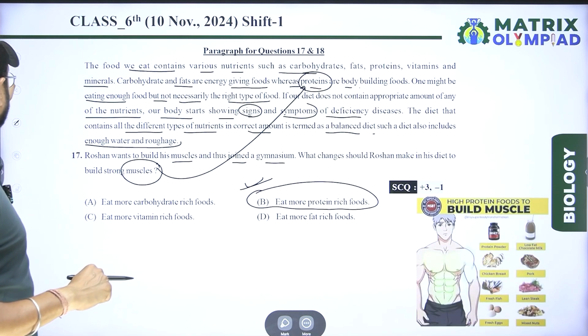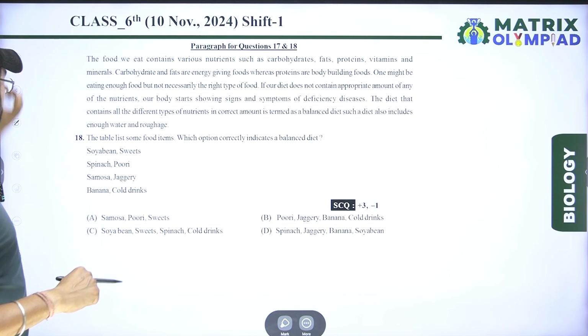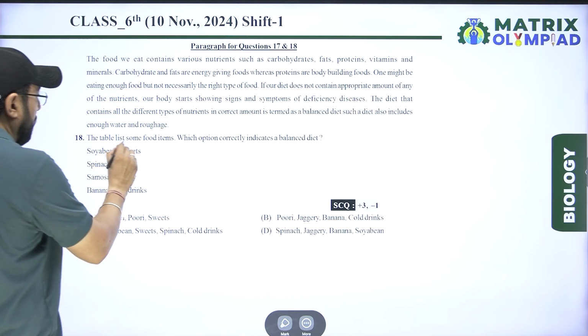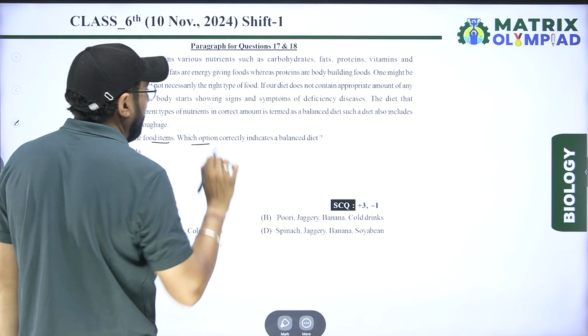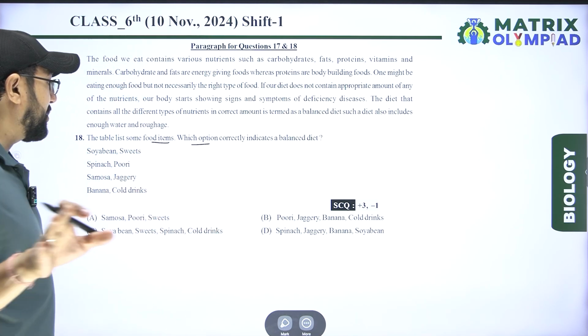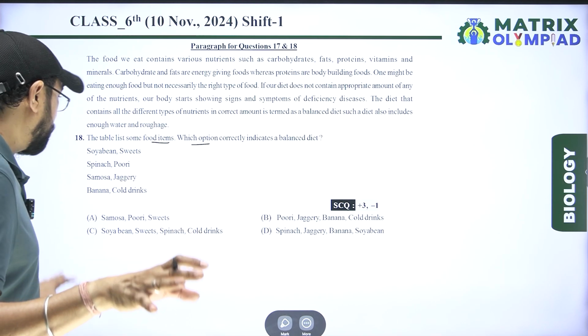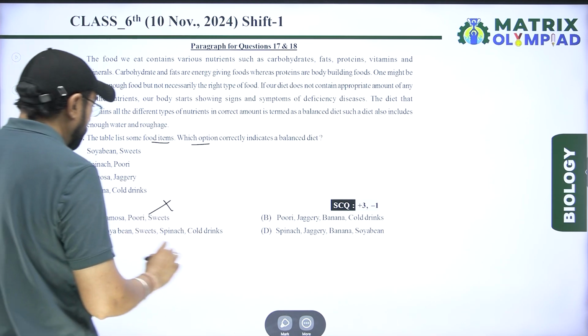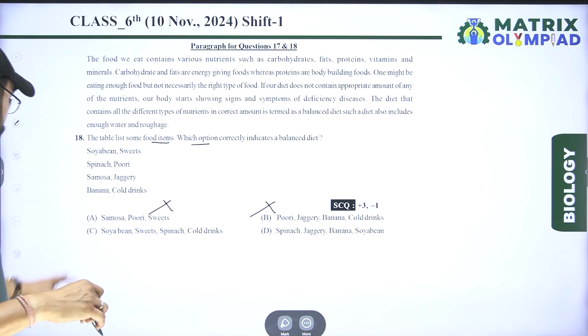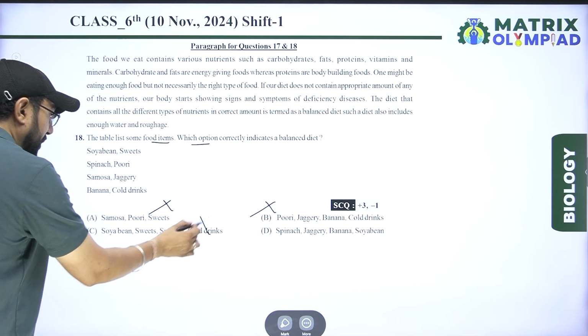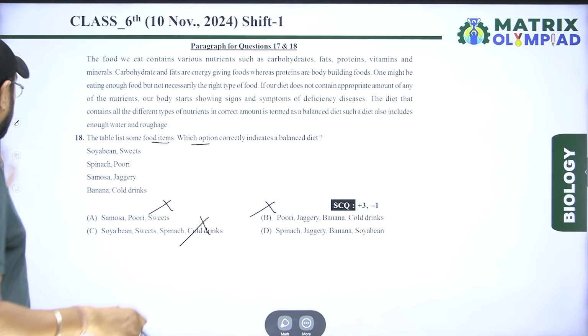Next is, the table lists some food items. Which option correctly indicates a balanced diet? Samosa, that is wrong. Puri, that is wrong. Soybean, sweet and cold drink, that is wrong.